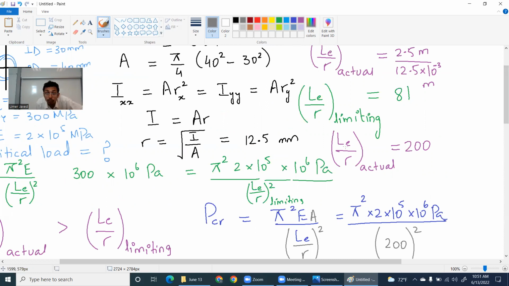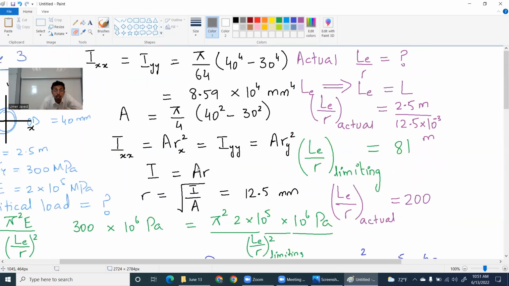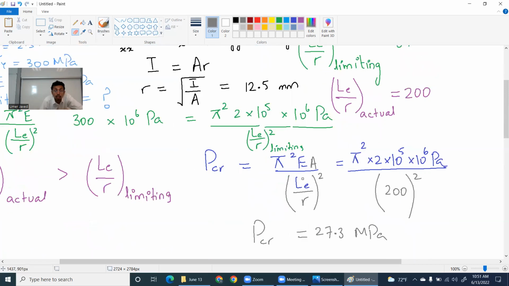Can you double check this LE over R actual value? LE is equal to 2.5 and the R value is 12.5 into 10 power minus 3. 200. Okay. So P critical, what did you get, Usman? 49.3. Oh, then my notes are incorrect. So maybe the area is wrong because you multiply pi squared times 2 times the power.